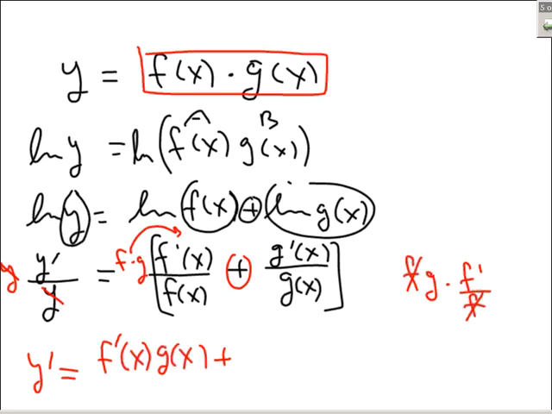Plus, when you distribute here, you have fg times g prime over g. The g's cancel, so you get f times g prime. Oh, what do you know? That's the product rule. That is the product rule. Now, what on earth am I saying?